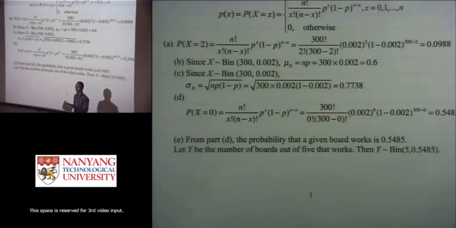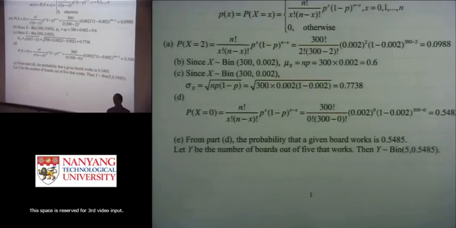Choose the first one, the probability is 0.5485. Choose the second board, what is the probability that the second board works? Still the same. What is the probability that the third board works? Same. So it satisfies a binomial distribution. This time, the number of trials is 5, and the success probability is 0.5485.